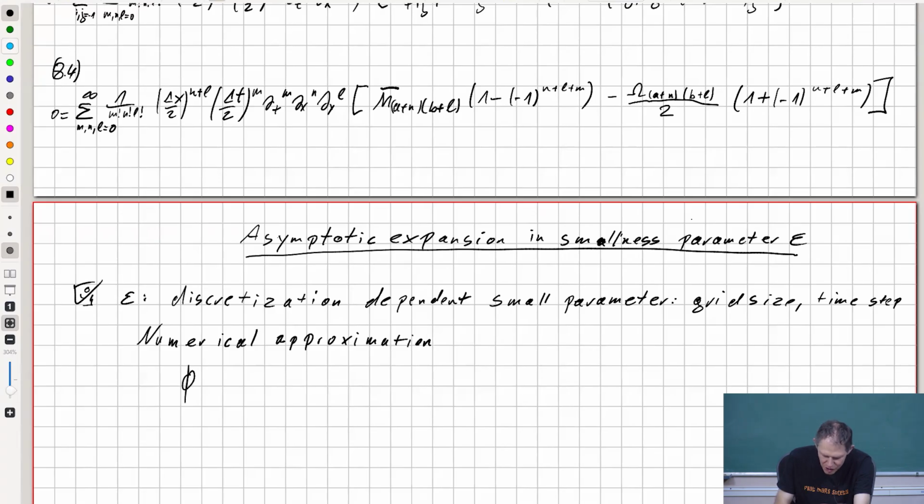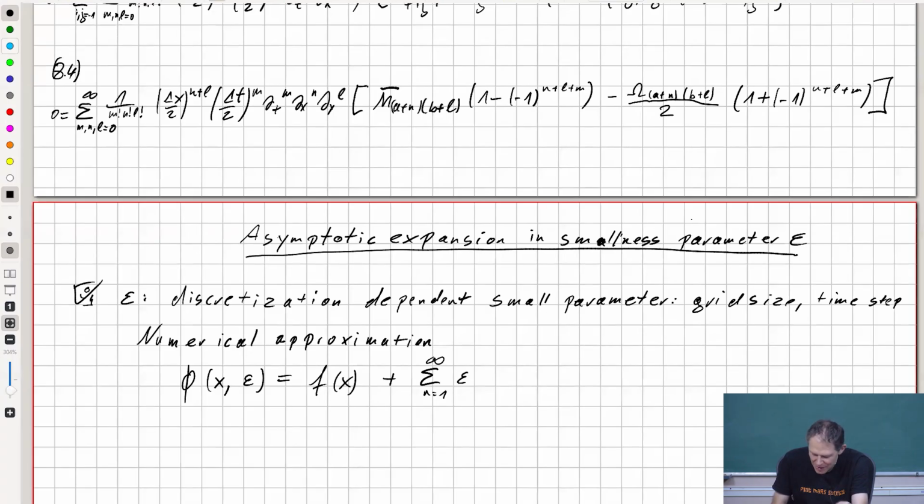You have a function phi of independent variable x, could also be time, doesn't matter, and the smallness parameter epsilon, which is a function f of x plus an infinite sum starting from 1. If it starts from 0, then it's not a numerical method.